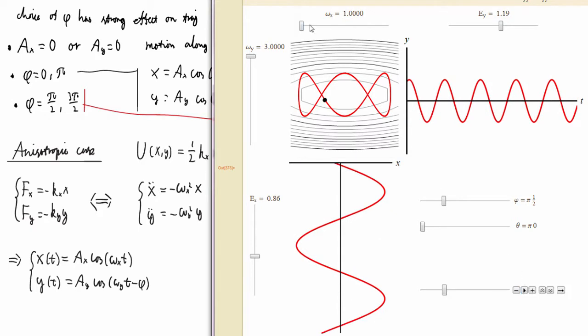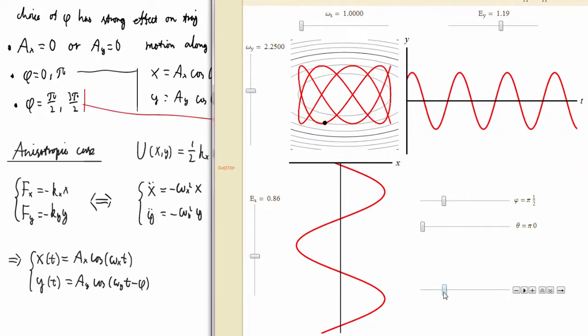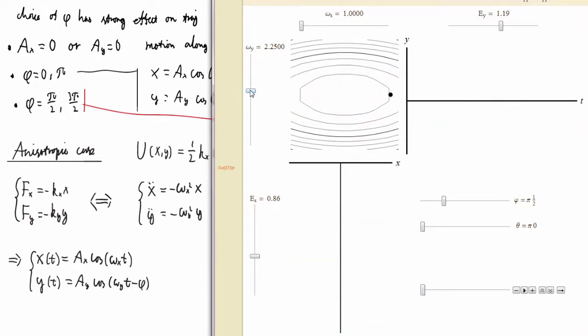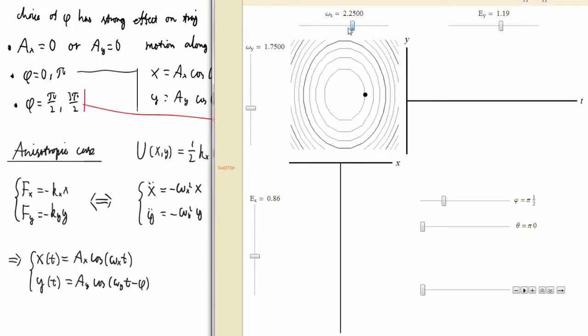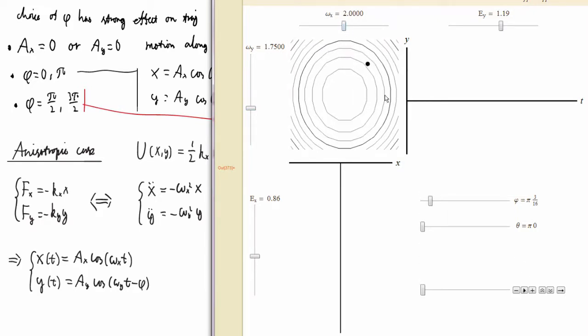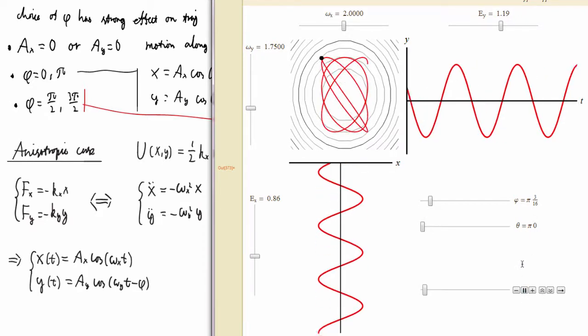How about two that are pretty close to one another, like 1.75 and 2. So now we have omega x equals 2, omega y equals 1.75, and I've chosen here phi to be 3/16 pi. And we'll run that and see what that does.